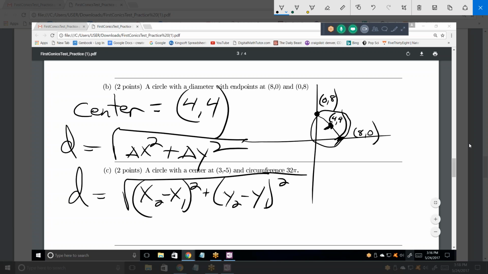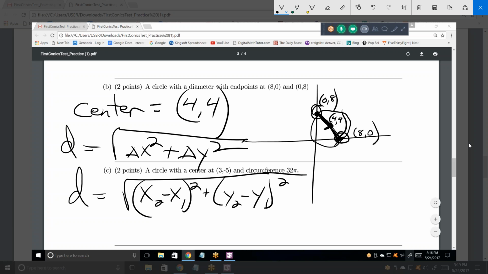But if you can remember that that's the hypotenuse of a right triangle, correct? If I can figure out the distance between that point and that point, well, I can take half of it, right? Okay.